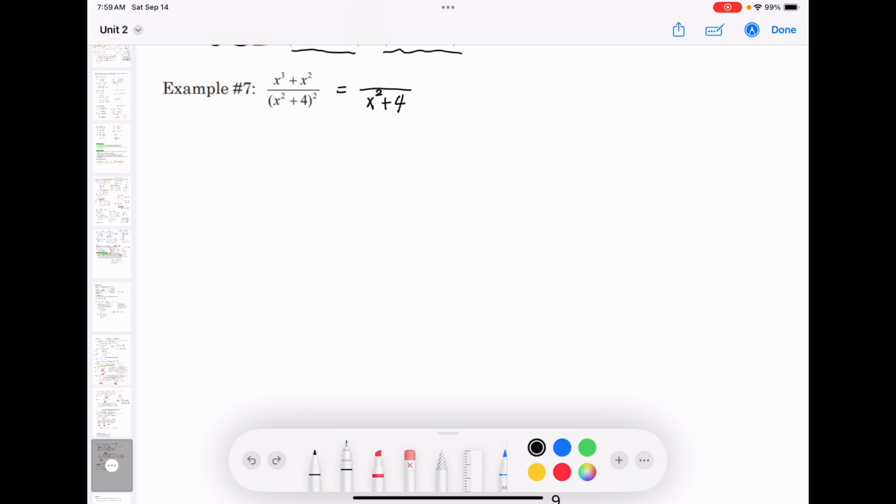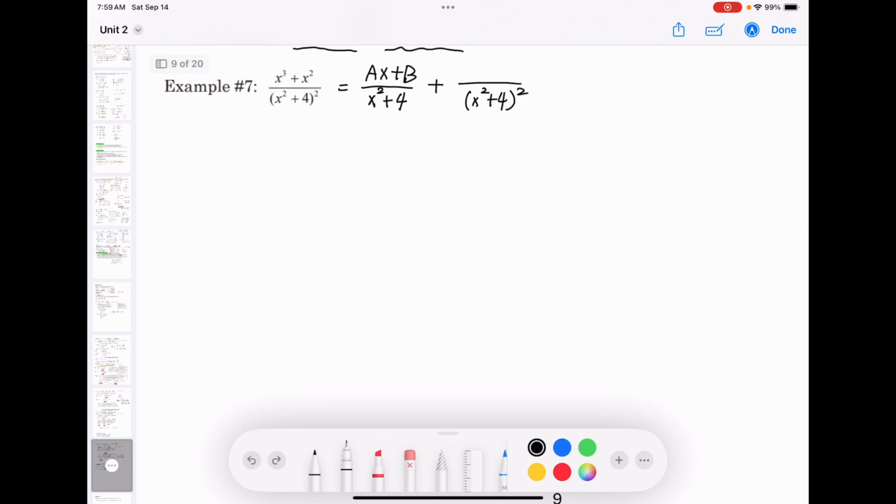On the top, the bottom is a quadratic form. On the top is a linear form, ax plus b. Then plus, raised to the second power until I meet the power 2. So the top is also a linear form, cx plus d. Now we know that the LCD is x squared plus 4 squared.